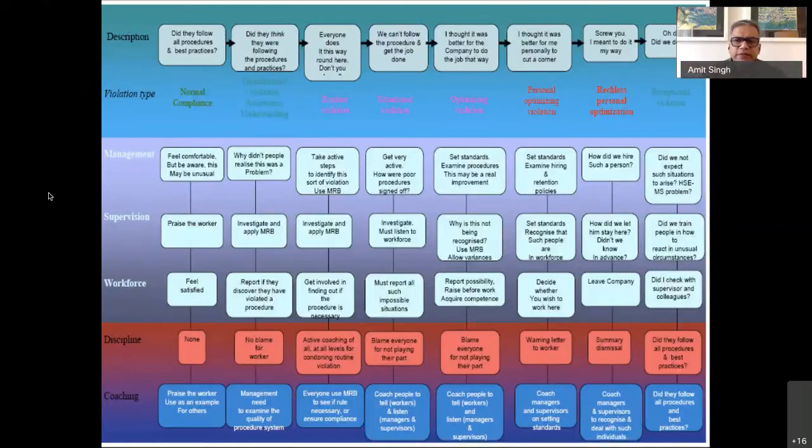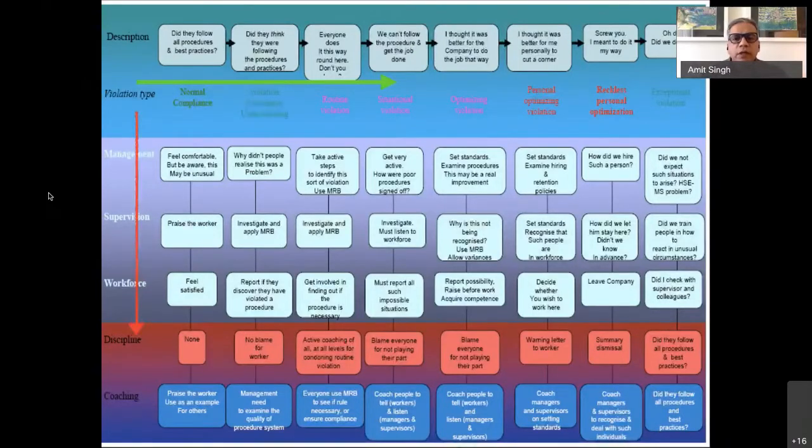This is a very interesting diagram, a matrix. If you see closely, you move from the left, and you can move right and to the bottom. First is the description, what happened. And then based on which box you stop at, you can move down.